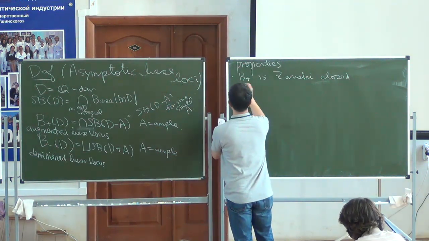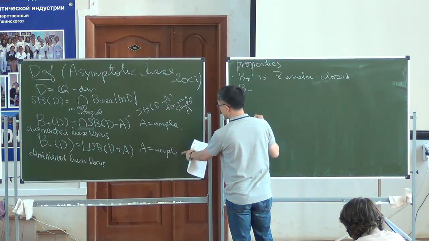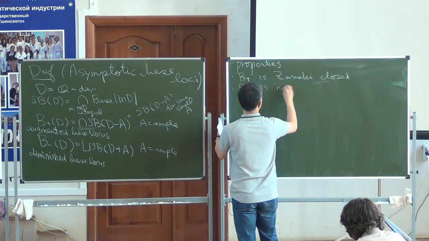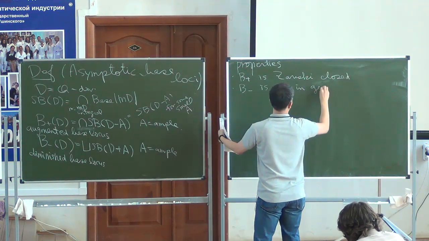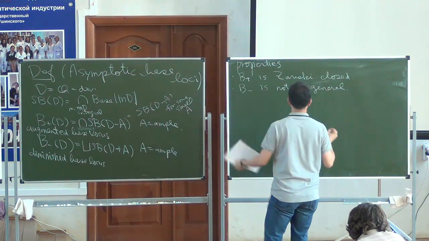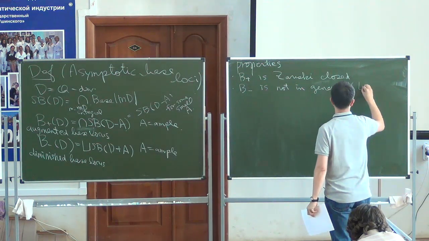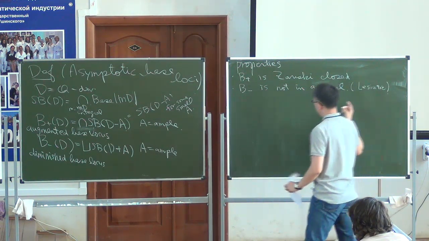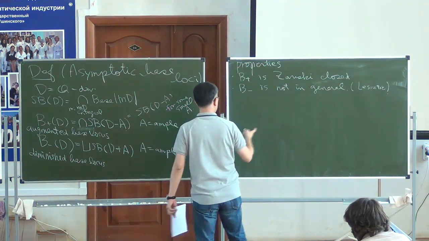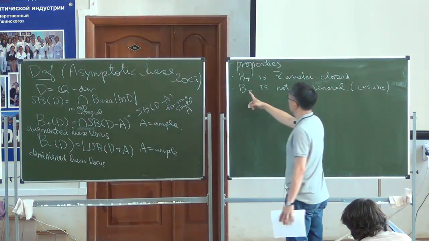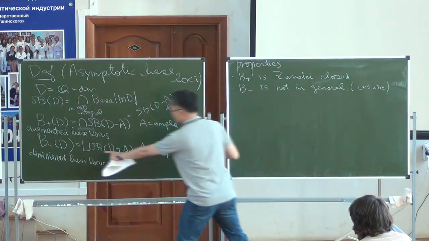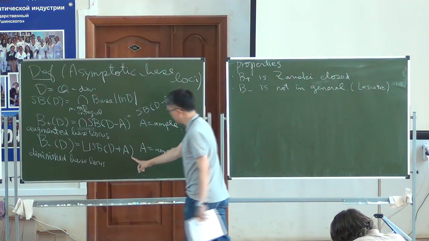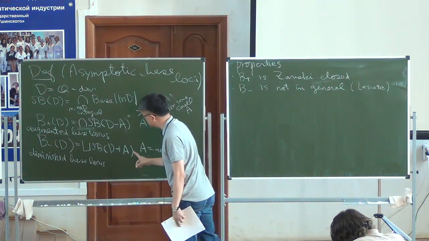And you also expect that B minus is Zariski closed, but actually it's not Zariski closed in general. He gave an example of this base locus which is not Zariski closed. So this can have infinitely many components.